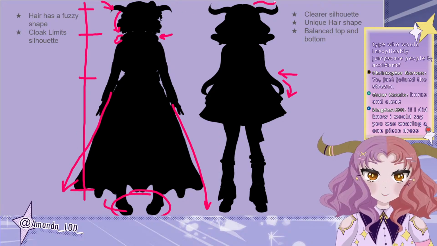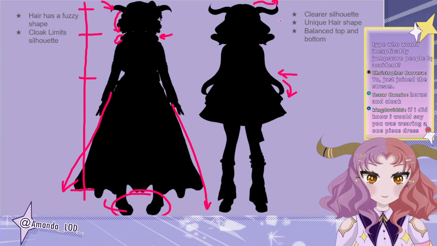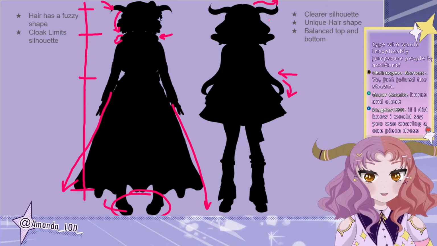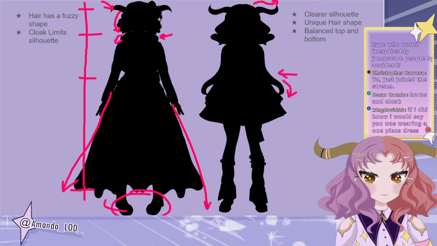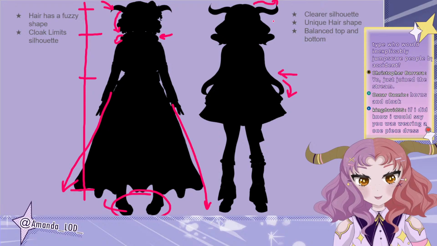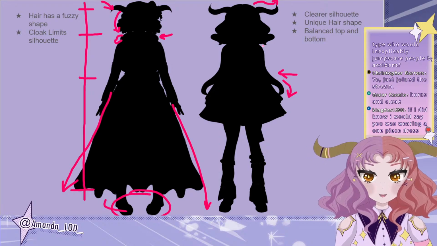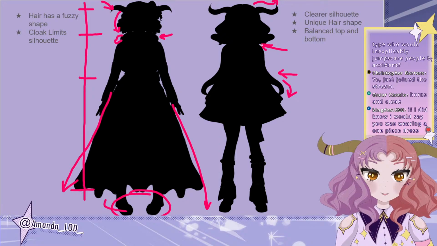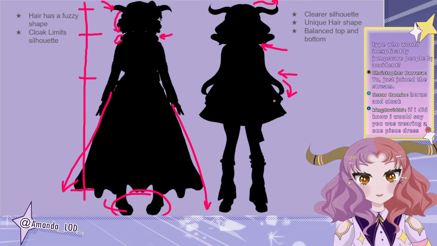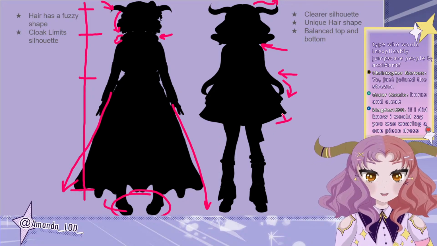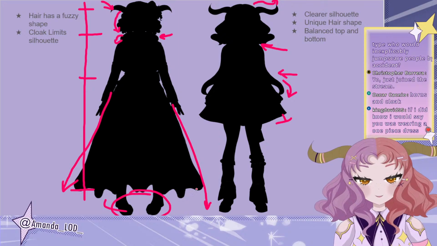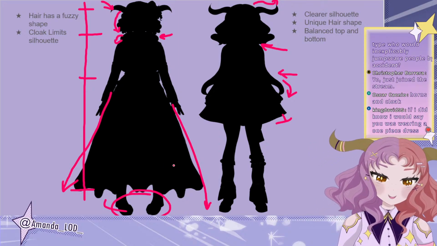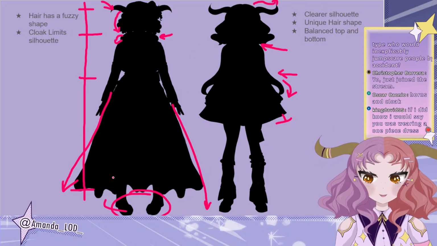So this one has a wider horn that gives it more of a horizontal factor, and then the hair has a much different, more unique shape, and there's nothing interfering here, so you get a really clear divide between the hair and the shoulder. Then obviously it's a short skirt now. Well, it's always been a short skirt, you just can't tell over the cloak. It almost looks like I'm wearing a long dress.